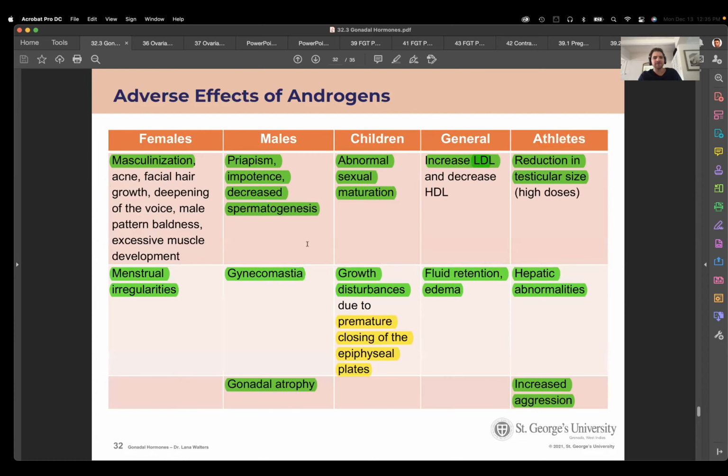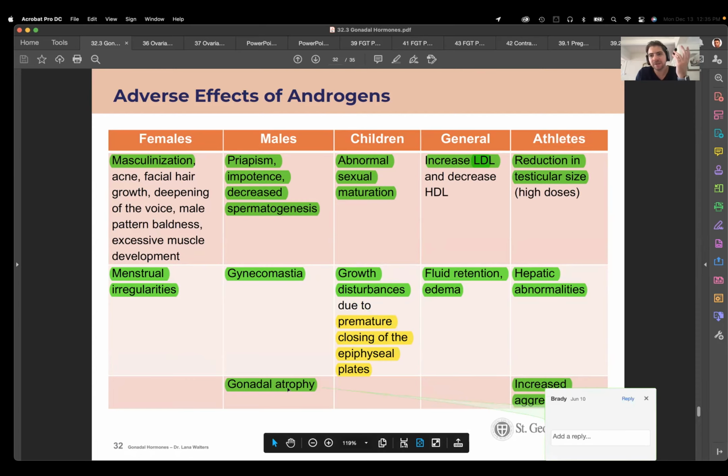All right, so the adverse effects of androgens are what you would expect: masculinization. You can also get menstrual irregularities in females, and stuff like that. Gynecomastia, you may ask why. Well, if you have increased androgens, you are going to get increased peripheral conversion to estrogens as well, so it can lead to gynecomastia. Gonadal atrophy, they talk about this when people use anabolic steroids.